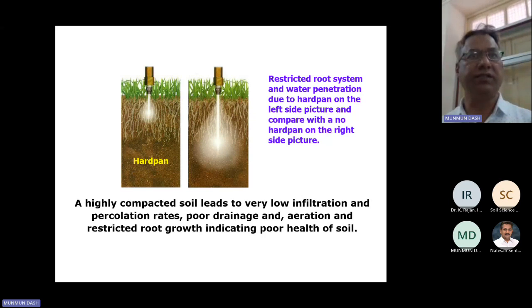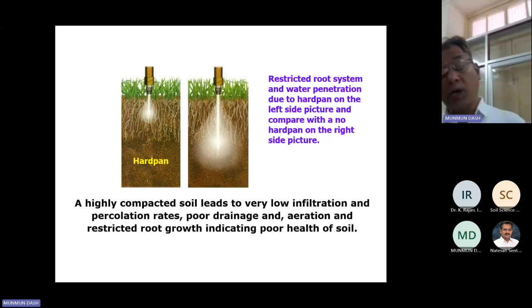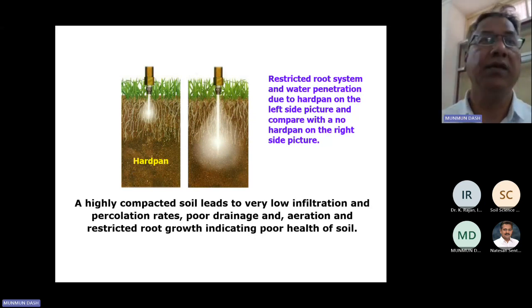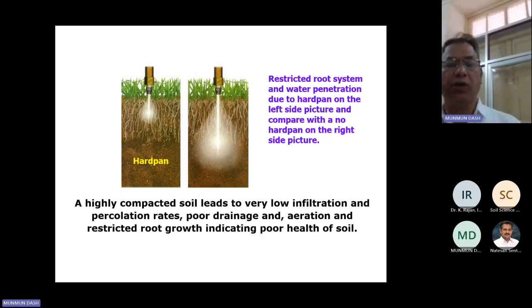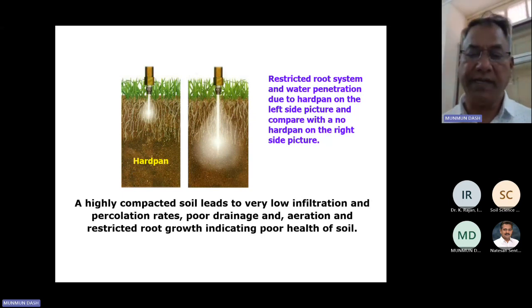The breakage of the plow pan is also indirectly related to soil parameters, because the establishment of the crop from seed depends on the soil, including root penetration and root development. A plow pan and highly compacted soil lead to very low infiltration. This is directly related to water percolation, water infiltration and drainage, aeration, and restricted root growth.